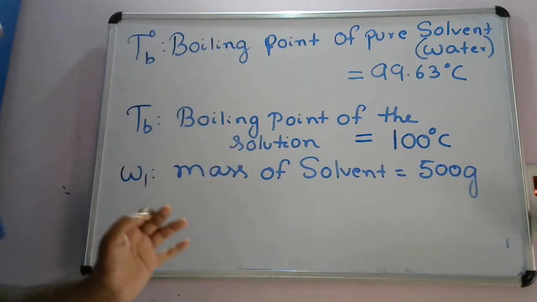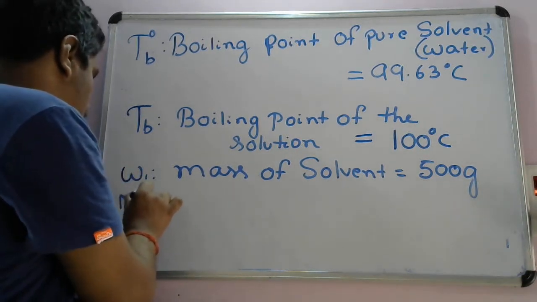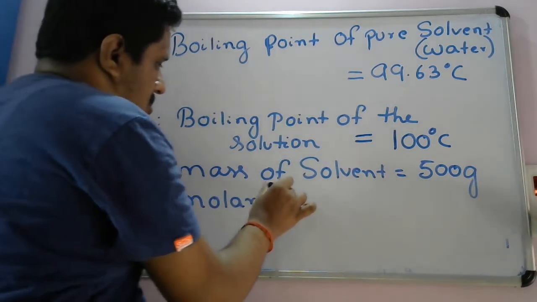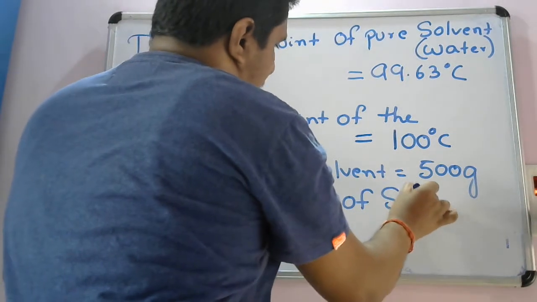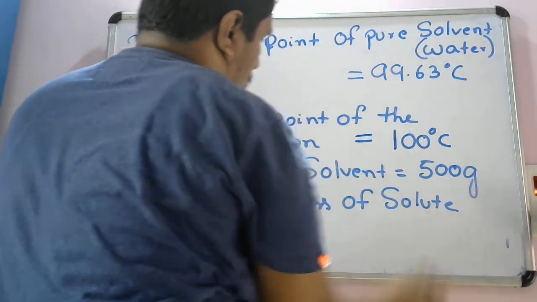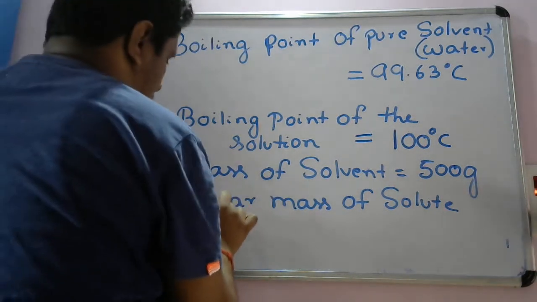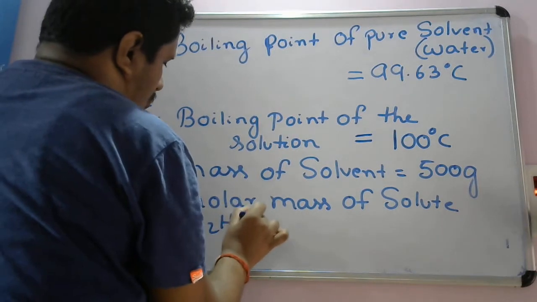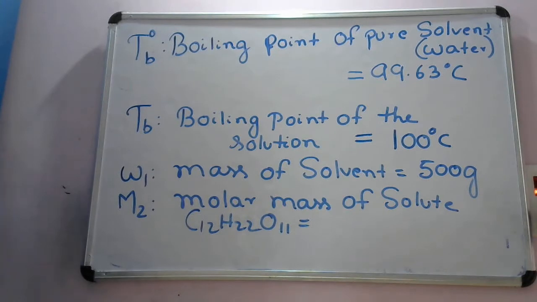Next is the molar mass of solute. The molar mass of solute we can calculate for C12H22O11. You can calculate the molar mass.